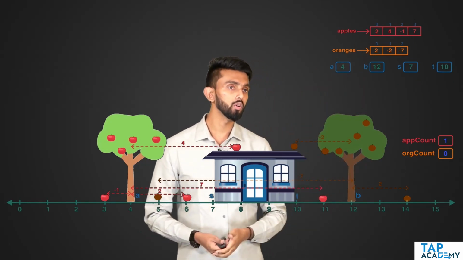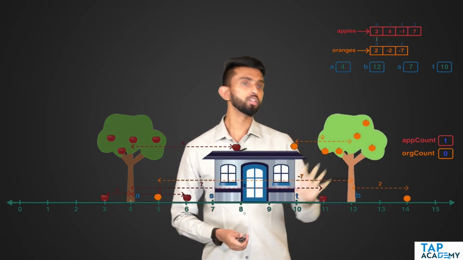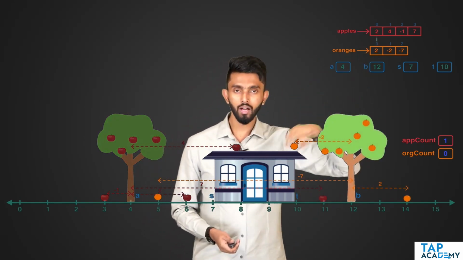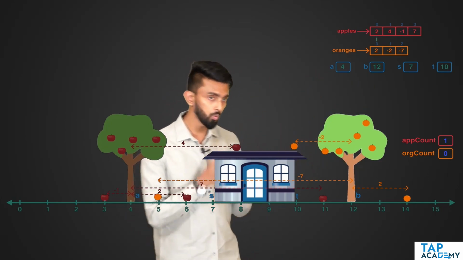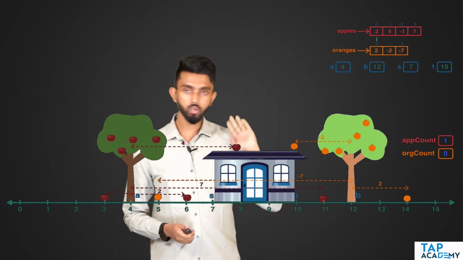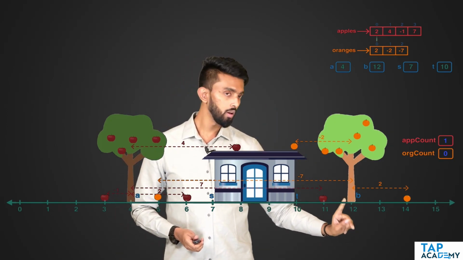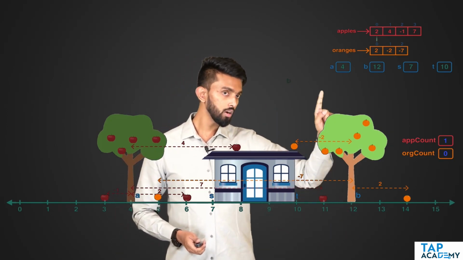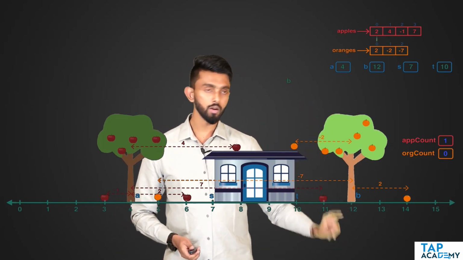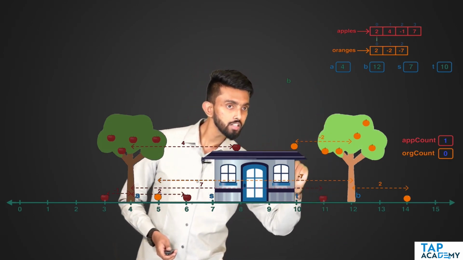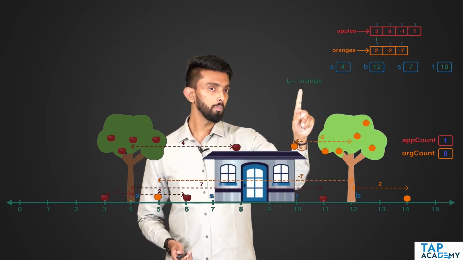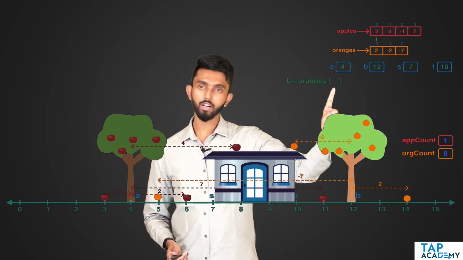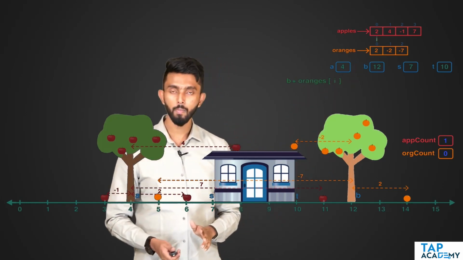Okay. So what I am going to do is like this. This is the oranges array. I will start with i, same logic, but here think about it, what you have to do is, orange will fall, B, so see here, B is the starting position, plus the distance the fruit fell, plus oranges of i, that is the distance the fruit fell.